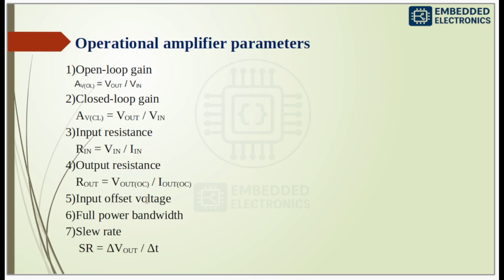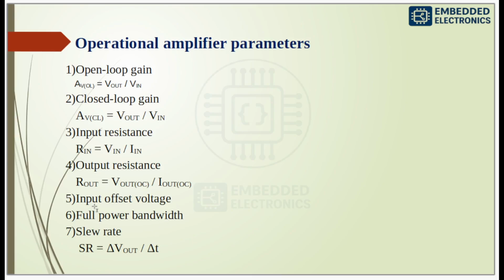The voltage that must be applied differentially to the operational amplifier input in order to make the output voltage exactly 0 is known as the input offset voltage. It may be minimized by applying a large amount of negative feedback. The ideal value is 0 volt and typical values range from 1 millivolt to 15 millivolt.